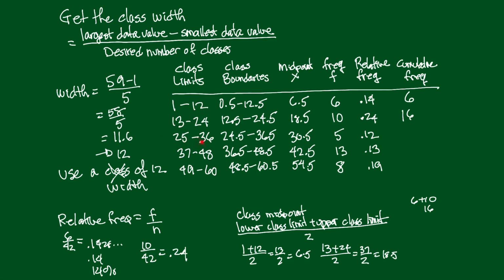Now how many more here? Once we're through that class, we've encountered 5 more. So now we're here at 21. That's going to be the 16 plus the 5, 21. Okay, and then what do we have here? What's 21, and then we'll get through 13. So 13, that's going to be a 34. So we'll have encountered 34 pieces of data, and by the time we're at the end, 34 and that 8, there's 42. There's all 42 pieces of data that we have encountered.